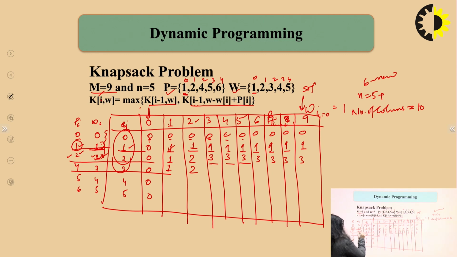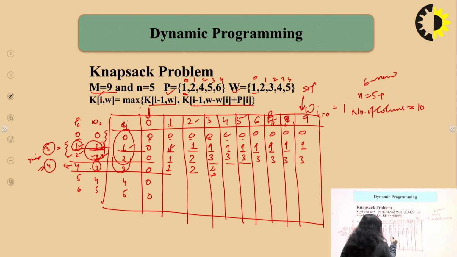Now, where am I getting the maximum profit? If I add these 2, I get a profit of 3 units. But if I add this single object, I get a profit of 4, which is the maximum here. So 4 I will write here.